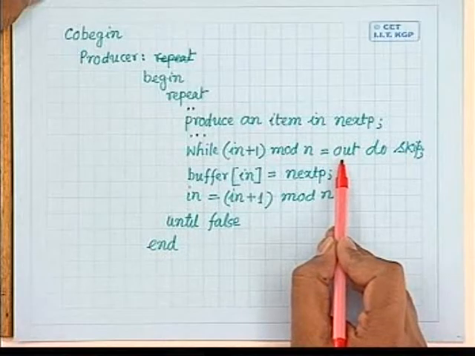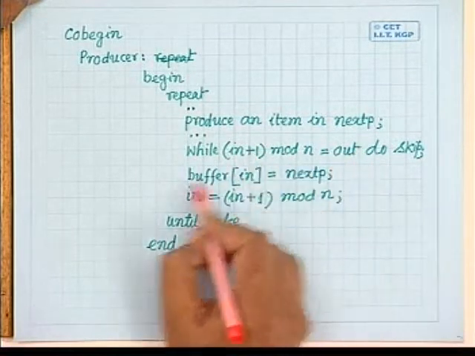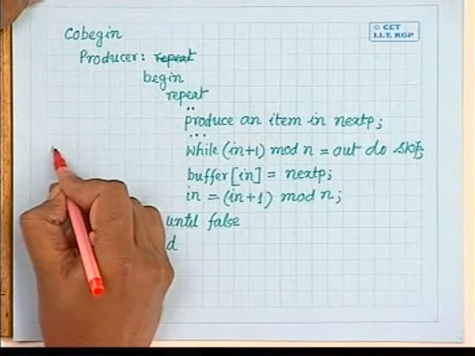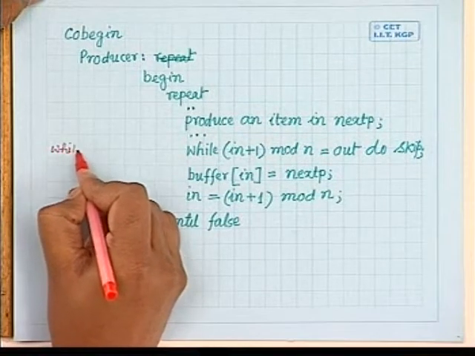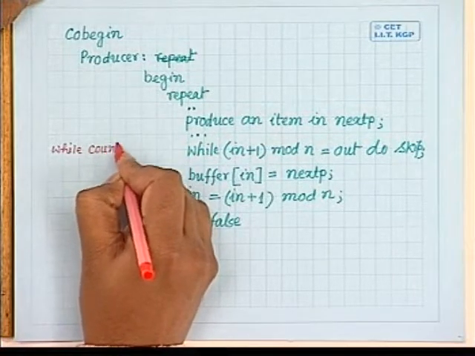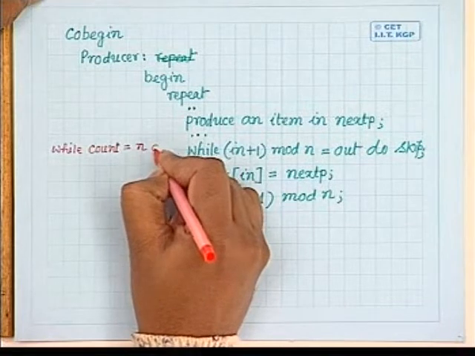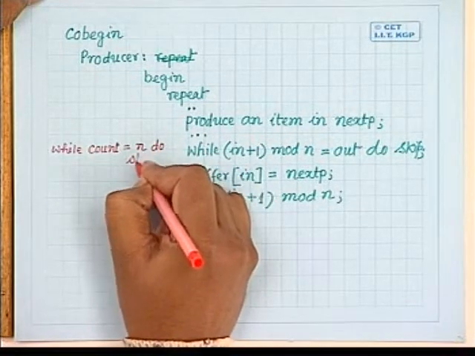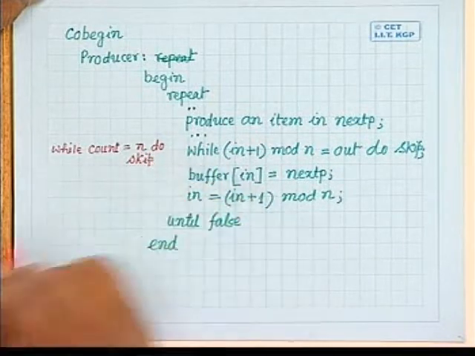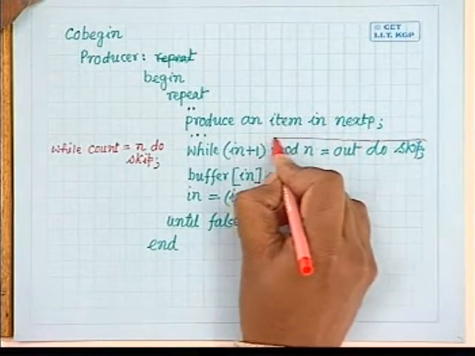Instead of checking while (in + 1) mod n equal to out, what we have to check is while count equal to n, do skip. This is the statement which will replace this statement.